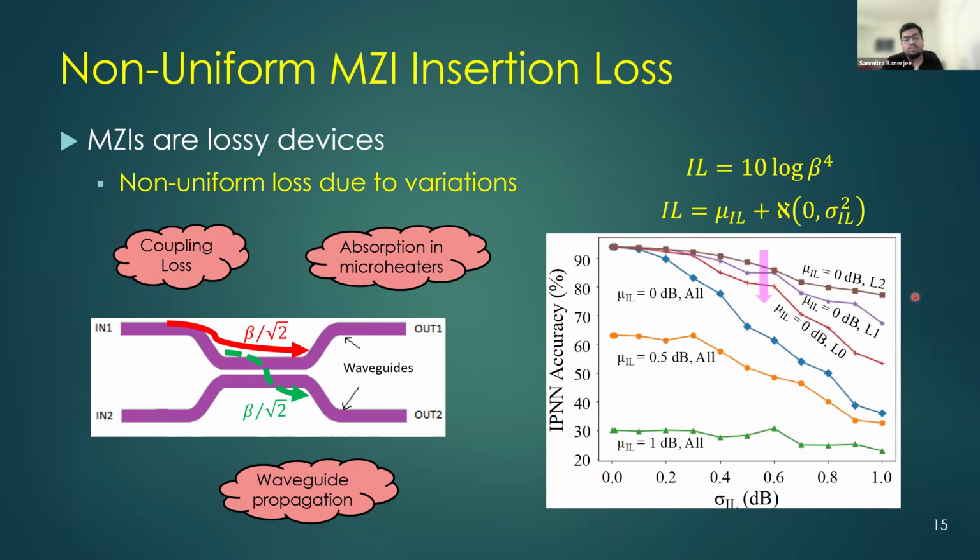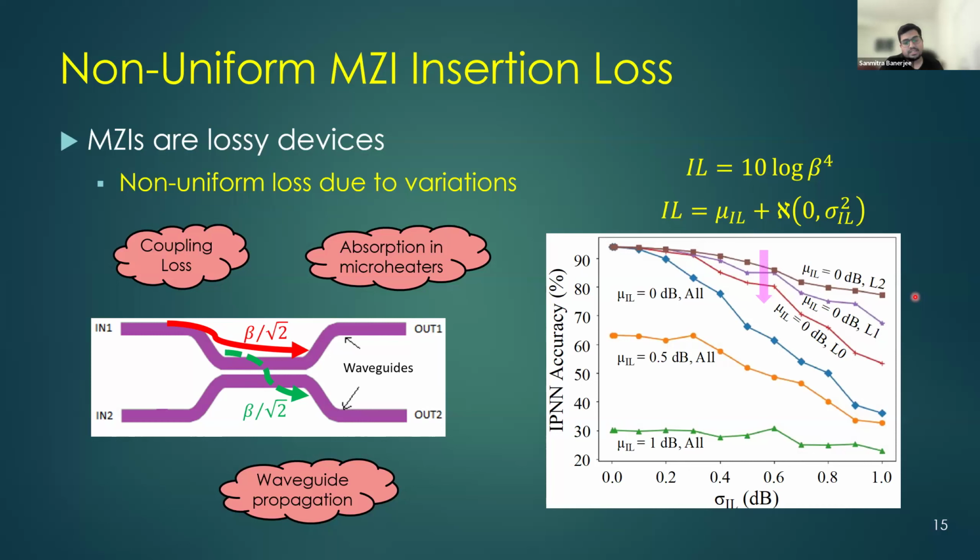As we go towards the output, the network becomes more and more resilient to insertion losses. This is a theme that we'll see repeating again and again, even when we go into quantization errors and pruning: at least in coherent photonic neural networks, earlier layers are more susceptible to any kind of imperfection.